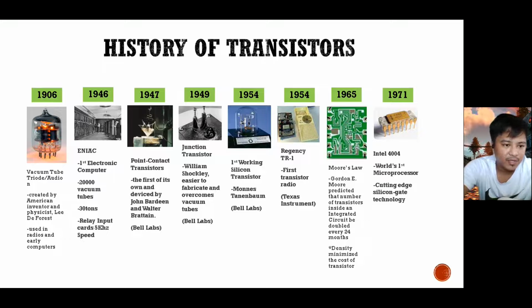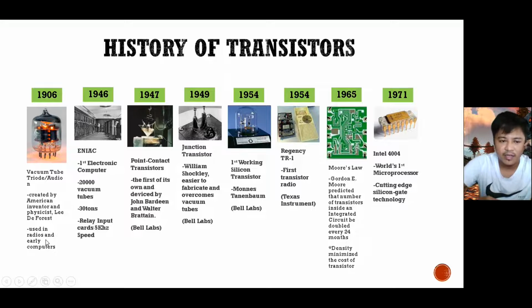In 1906, it all started when American inventor and physicist Lee De Forest invented the vacuum tube triode audion. It was used in the early radios and computers.